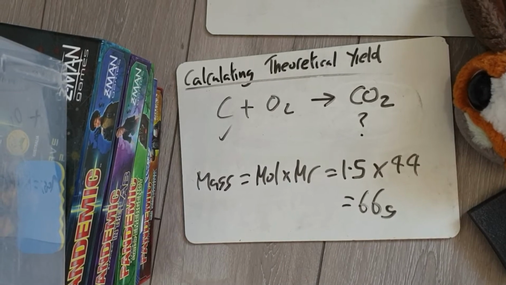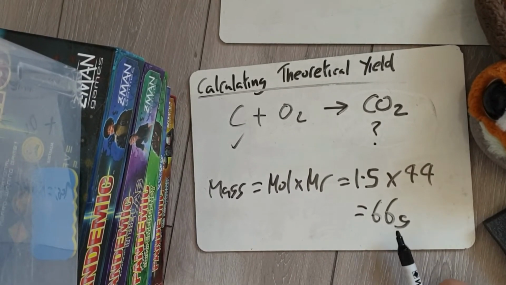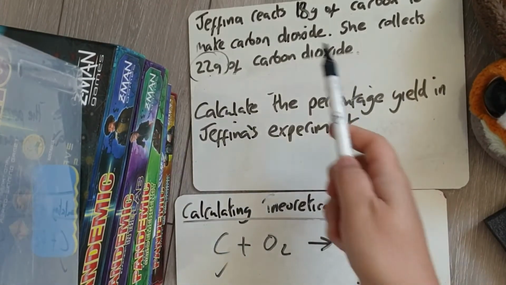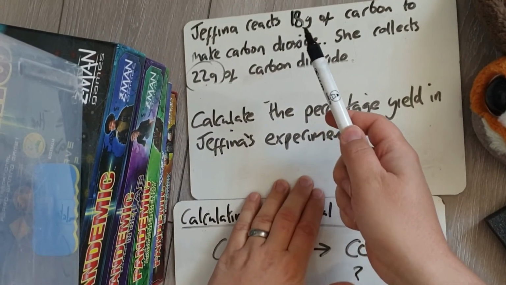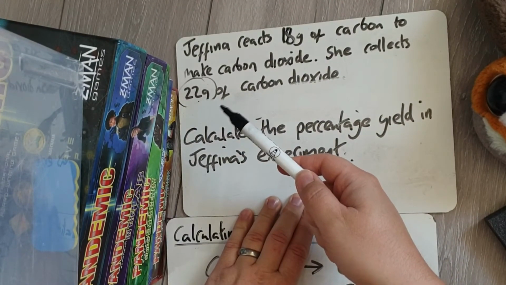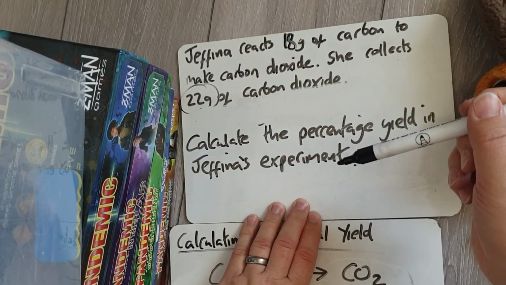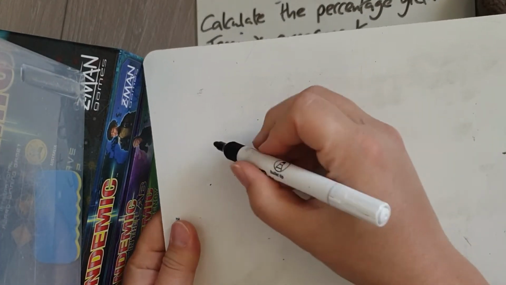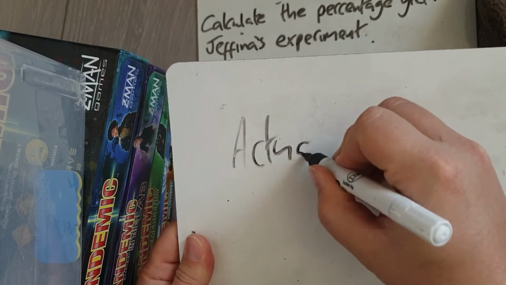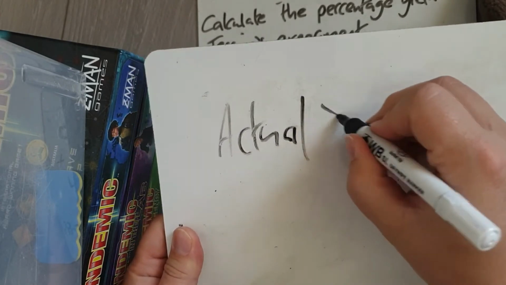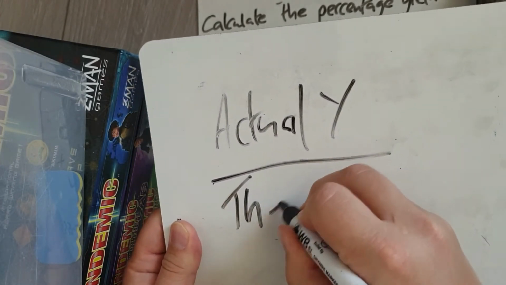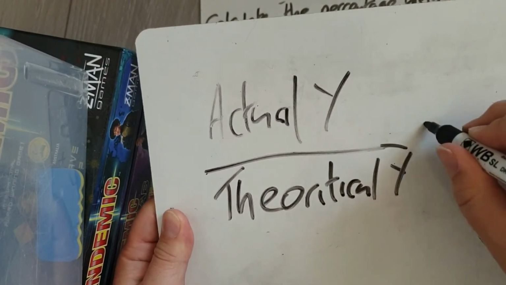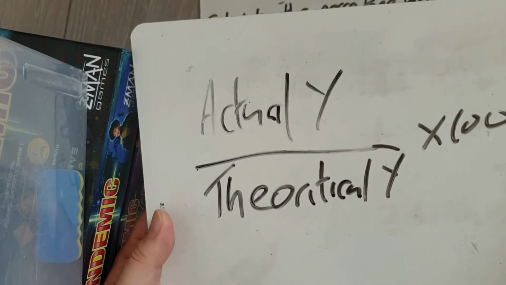Because it's been 5 seconds for you, we just worked out 66 grams was the theoretical yield. So back to Jafina. She reacted 18 grams. She made 22. Calculate the percentage yield. How do we work out percentage yield? We need the actual yield divided by the theoretical yield, times 100.